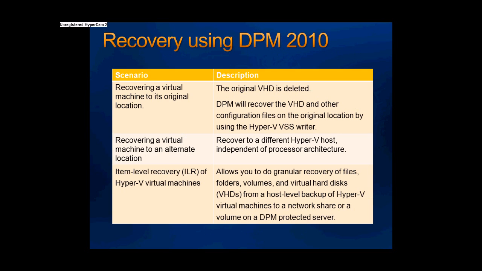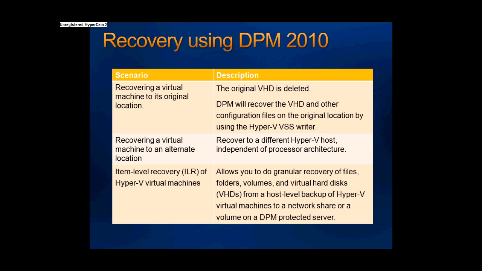In this slide, I'm going to go through three types of recovery which are available in DPM 2010. First and foremost, you can recover virtual machines to their original location. So when do you use this option? Basically, you're going to use this option when the original VHD is accidentally deleted or corrupted.